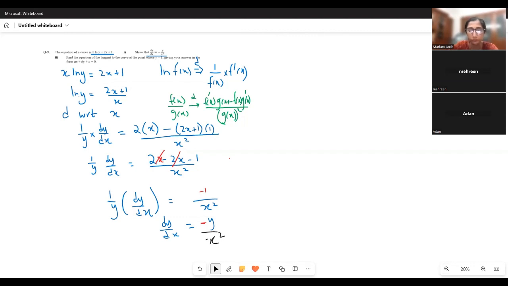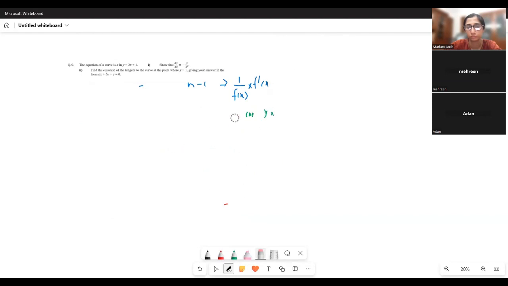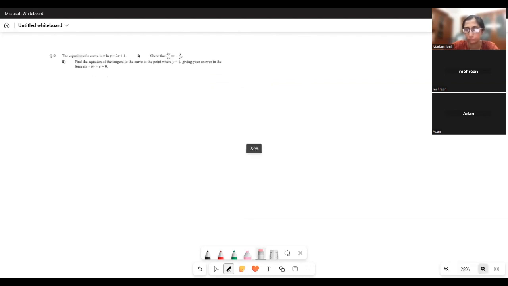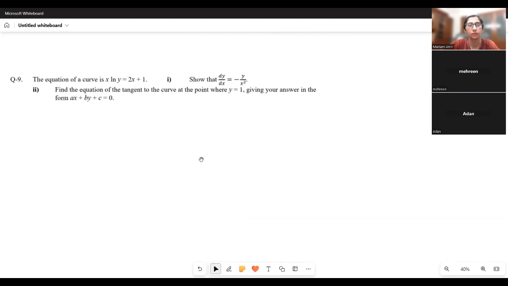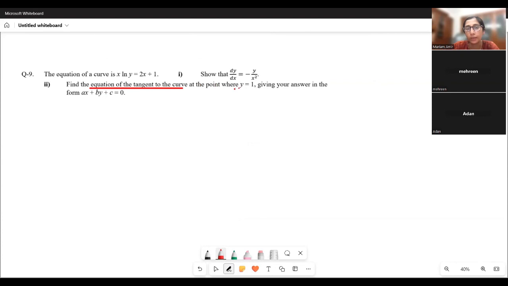Okay, part 2. I'm going to clear this. Find the equation of the tangent to the curve at the point where y is equal to 1.